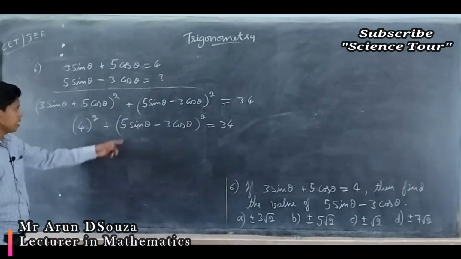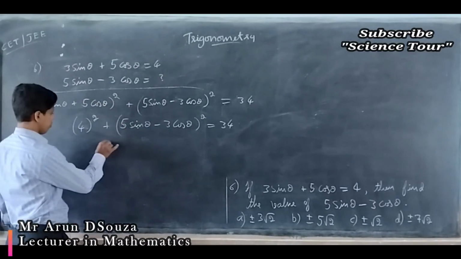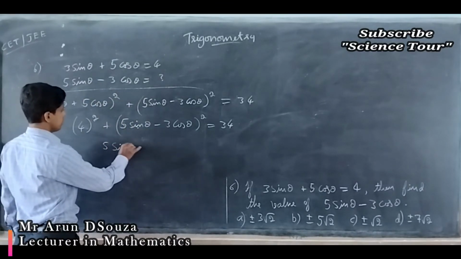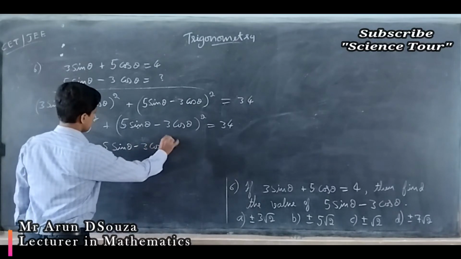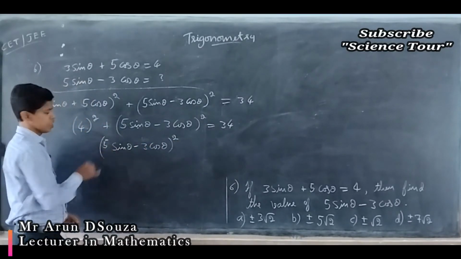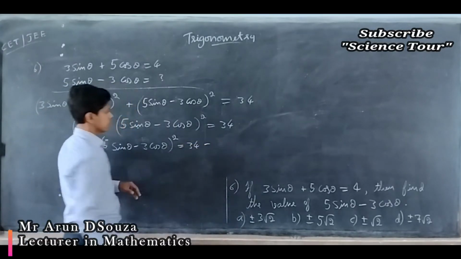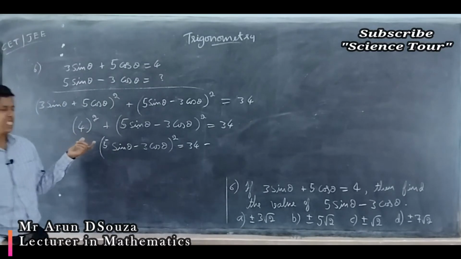Next, what do we need? We need this value, 5 sin theta minus 3 cos theta, because that's the value we need to find at the end. That is equal to 34 minus 4 square, 16.